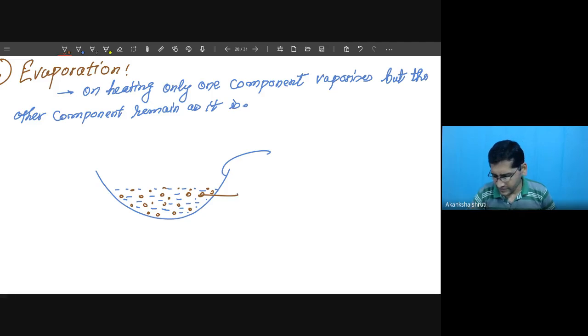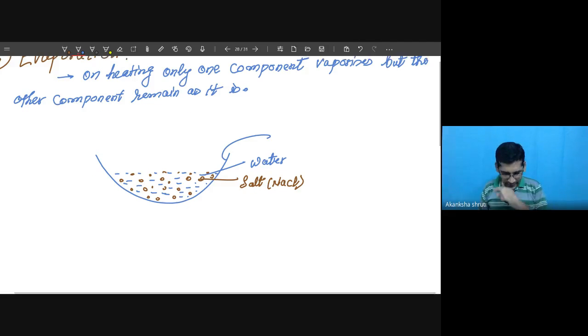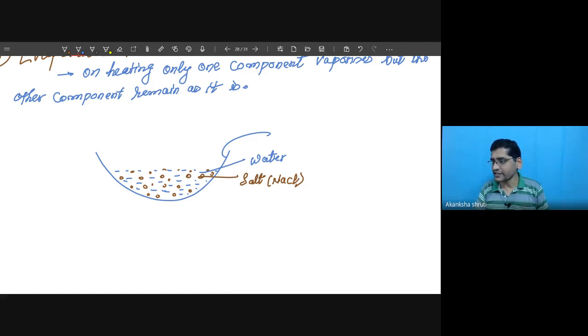So these are our salt, like NaCl, and whatever blue we are taking is the water. This salt and water mixture is to be heated, so this could be a utensil or a China dish. It is heated over a flame.